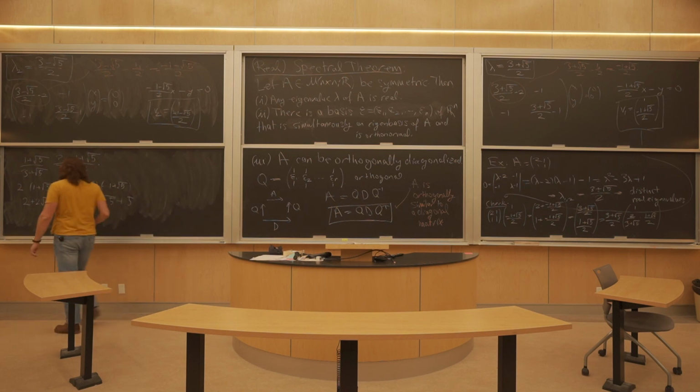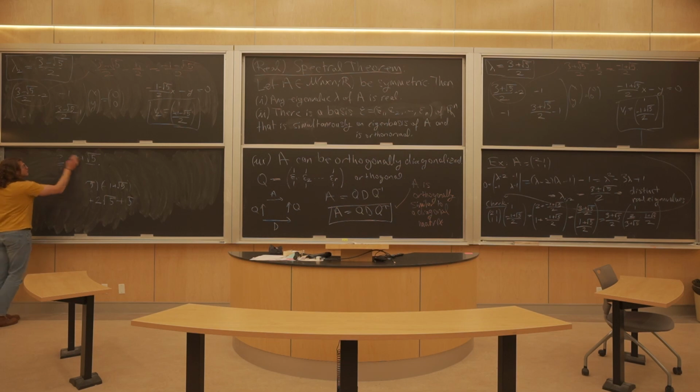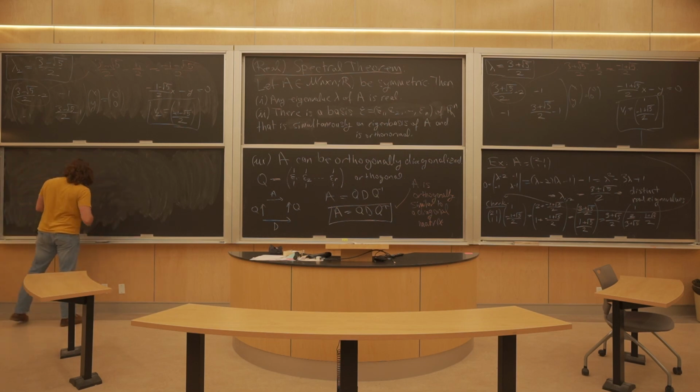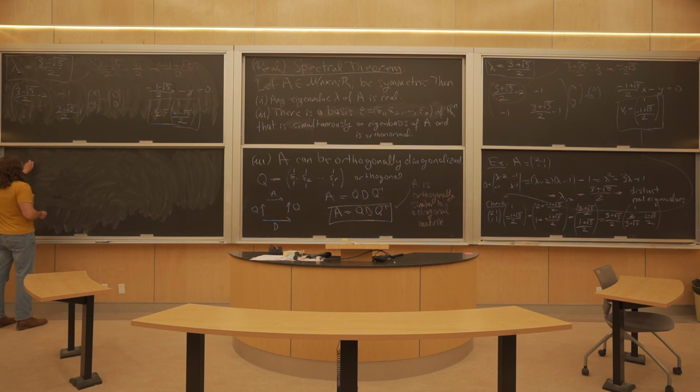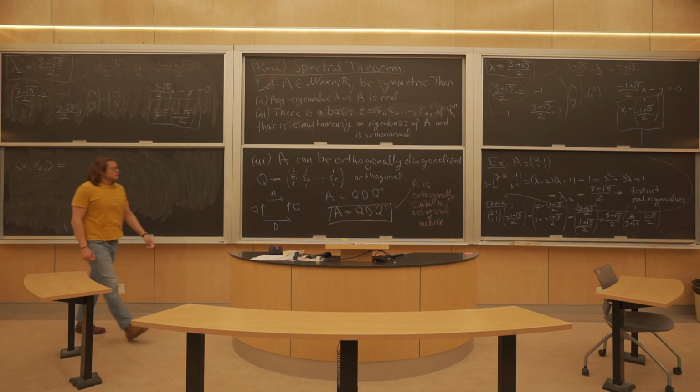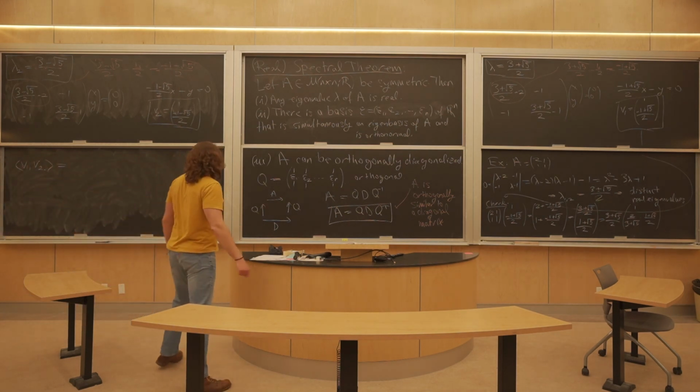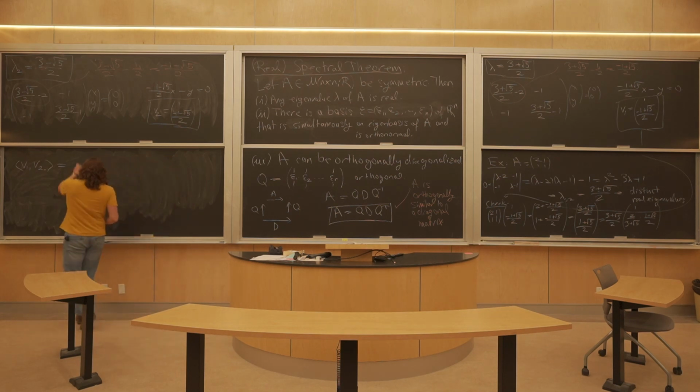If we were to compute the inner product, let me do it over there. So v1 was 1, and then this other number. And then v2 is there.